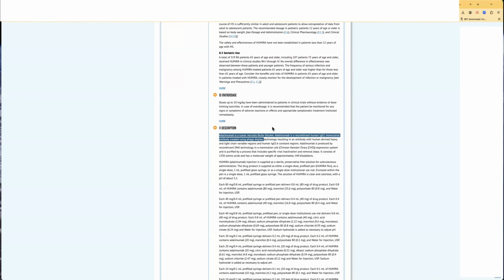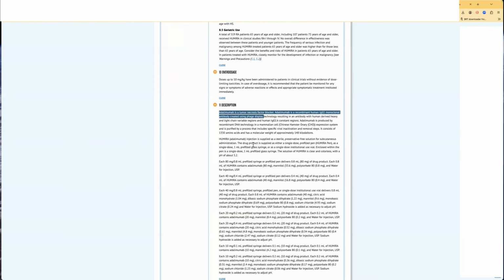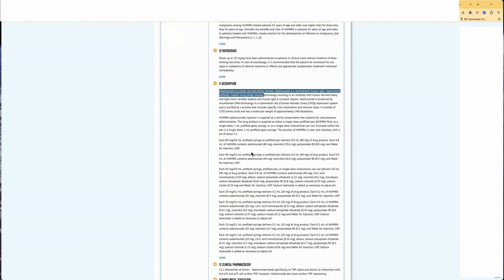So the description here is given to us by the manufacturer. And it is just a very brief but very complete information related to the dosage, about the product itself, about its molecular weight, about how it has been made, what are the doses that we have, again, the formulation of the product as well. So this is a very interesting and very complete brief of the characteristics of the drug.